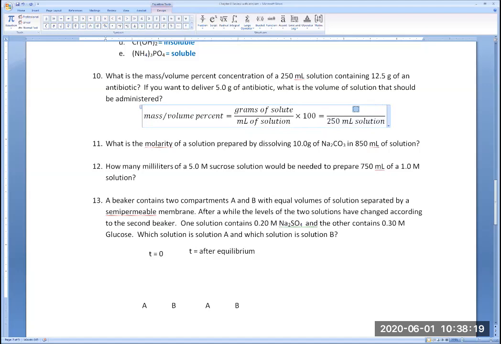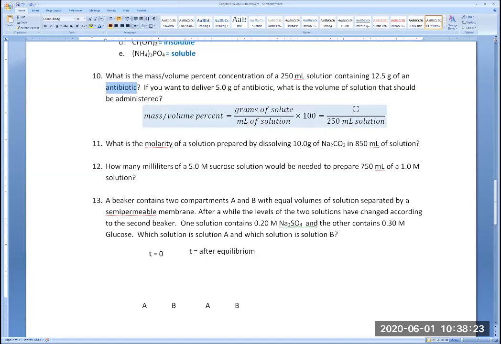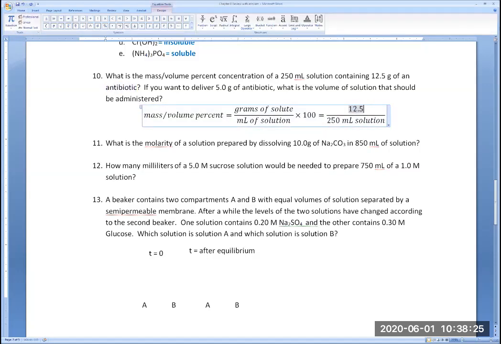Here, the solute is the antibiotic, and we have 12.5 grams. So yes, we can directly plug this into the formula, times 100. This was not asking for any kind of conversions. We directly had the milliliters of solution.